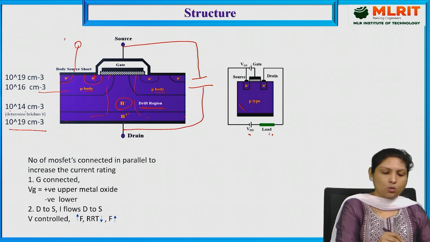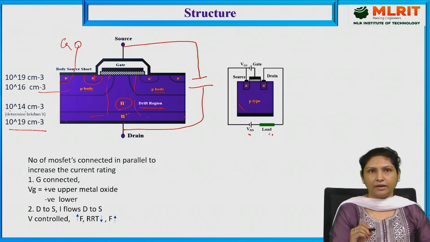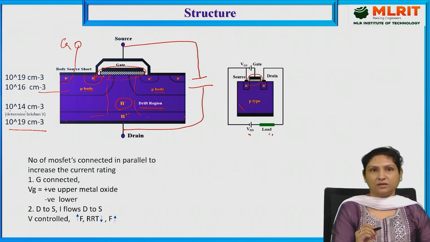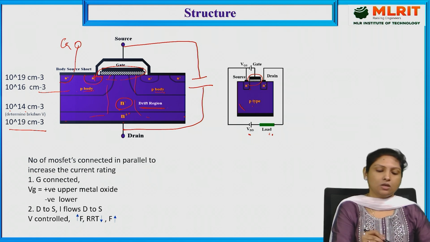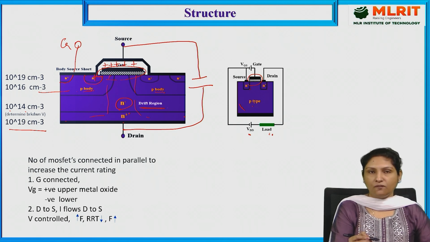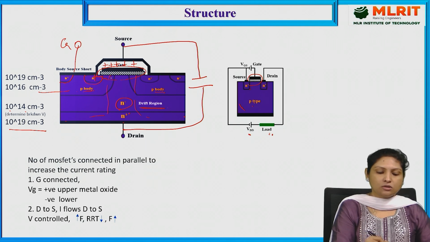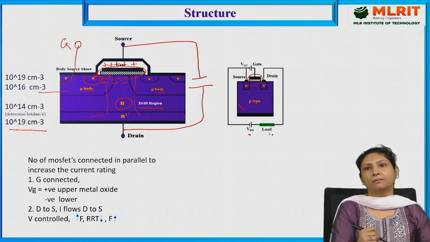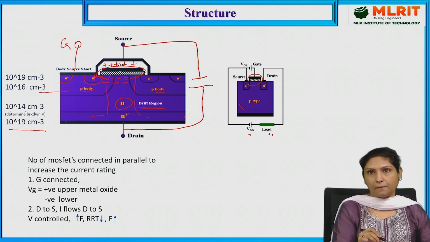When the gate voltage is actually applied, see, a similar metal oxide layer is present even here. When the gate voltage is applied, at that instant, the positive ions will be accumulated in the upper plate of the metal oxide, and then negative electrons will appear across this region under the lower plate of the metal oxide, which is acting as a capacitor.